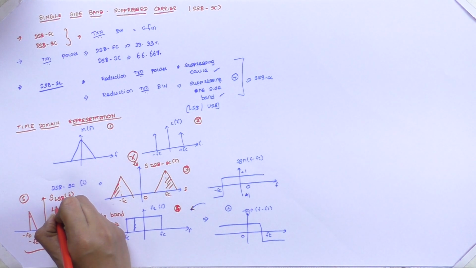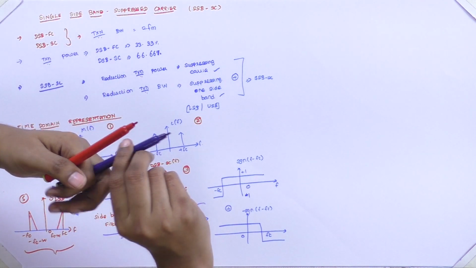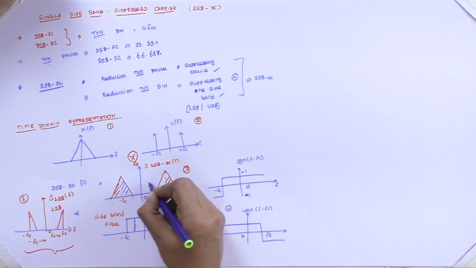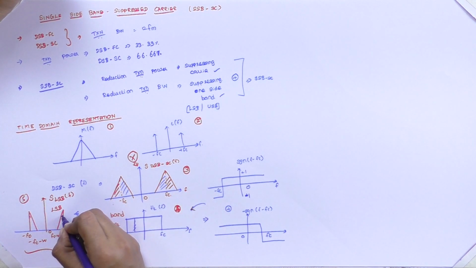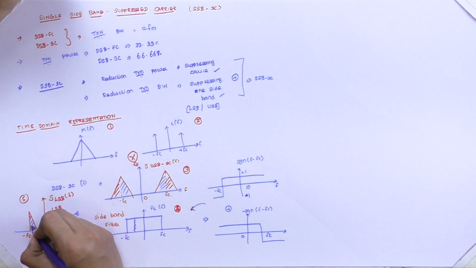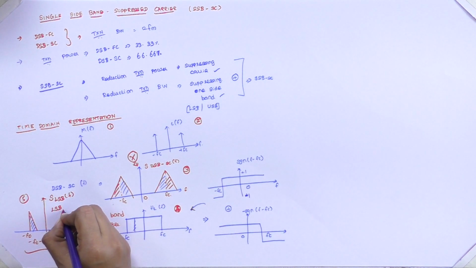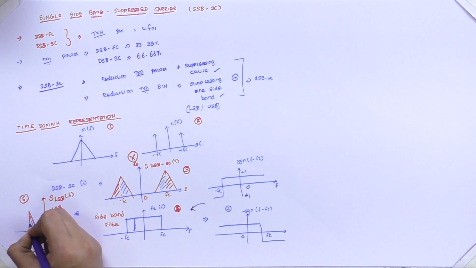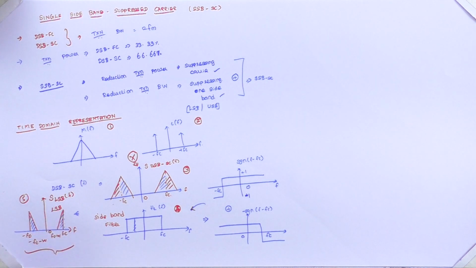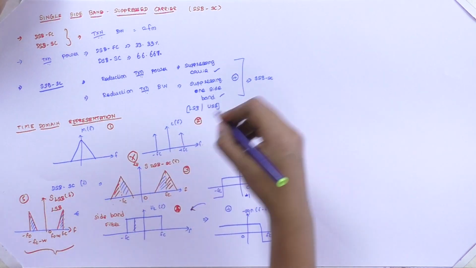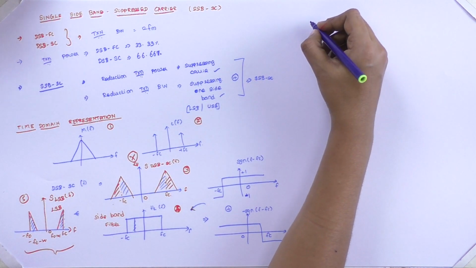We represent it as LSB, lower sideband. We have suppressed the carrier part. This carrier is suppressed here, and we are getting only the lower sideband portion. Either the upper sideband or lower sideband filter can be used.